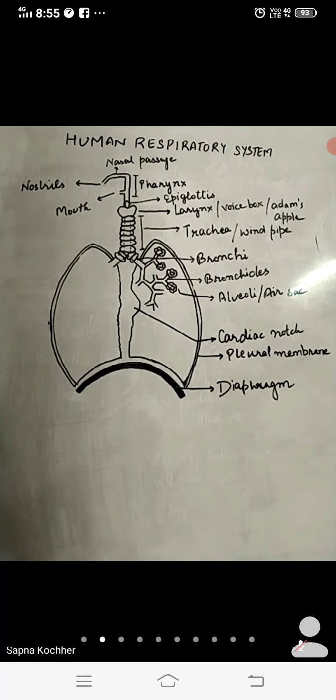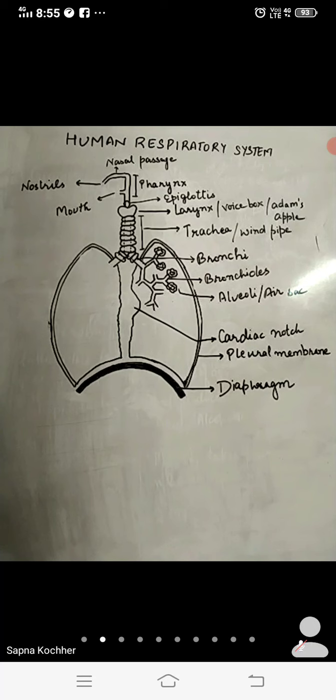That is because of the presence of the hairs, mucus, and the blood vessels, right? So this is because of these three things.